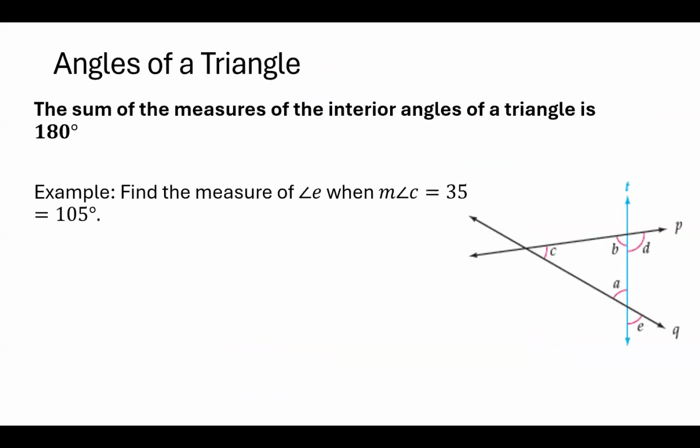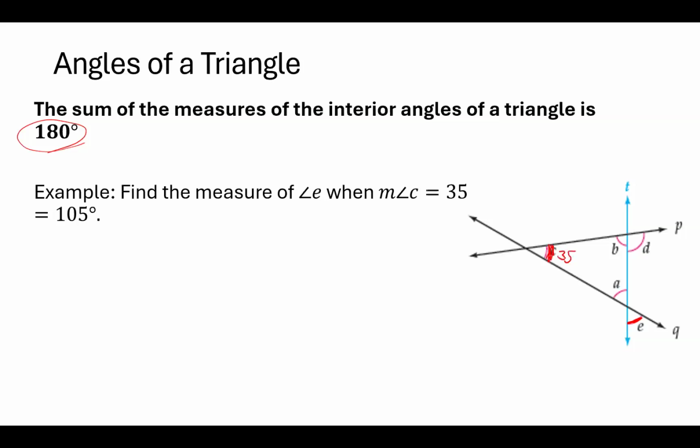All right. So the next question focuses on a very common property of triangles. The sum of the measures of interior angles of a triangle is 180. The example says find the measure of angle E, which is right here, when the measure of C is 35.